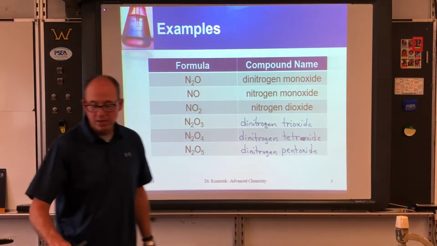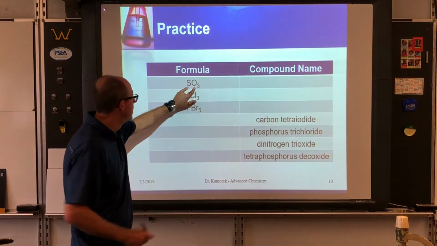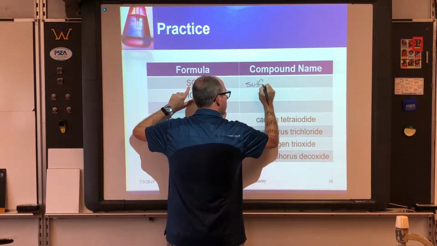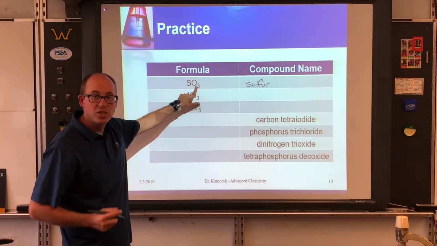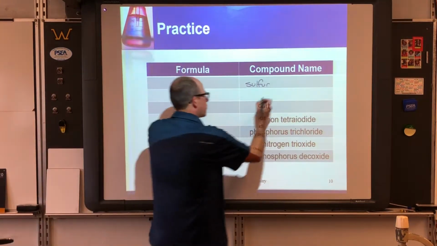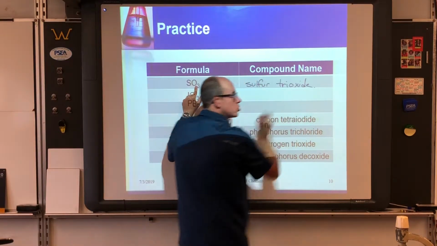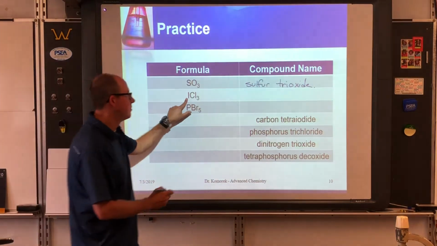Now we'll do a few more examples on the next slide, beginning with SO3. The compound name, sulfur. There's only one of it, so there's no prefix. For oxygen, there is a prefix. The prefix for 3 is used, and we get trioxide. In this one, I have iodine.